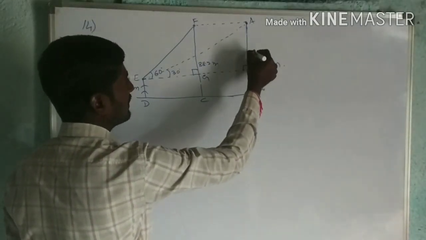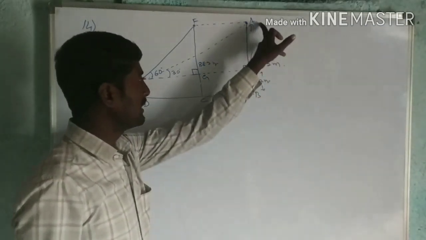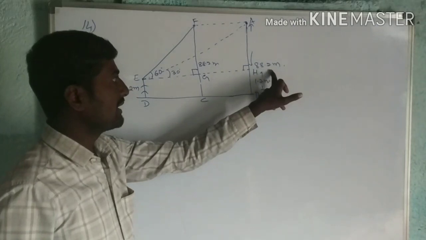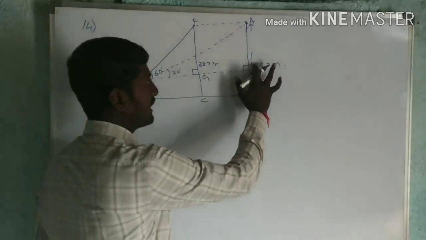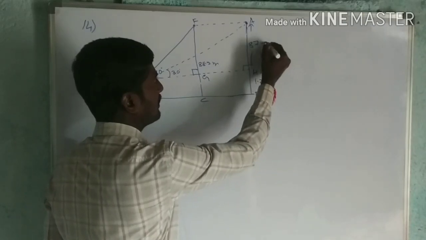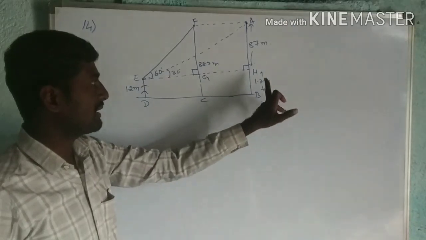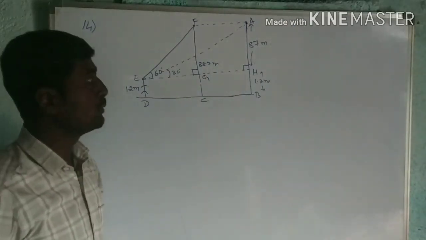Then what about AB? Here 88.2 is AB. Then 88.2 minus 1.2 will be 87 meter. 87 meter will be the height of H. BH is 1.2 meter.